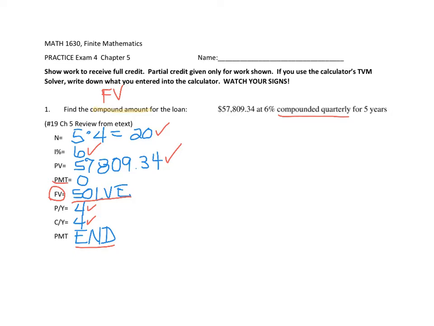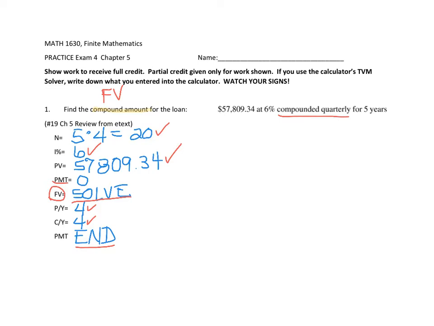N equals 20. Interest is equal to 6. Present value is 57,809.34. The payment amount is 0. We will enter 0 for the future value, and then payments per year and compoundings per year both will be 4.